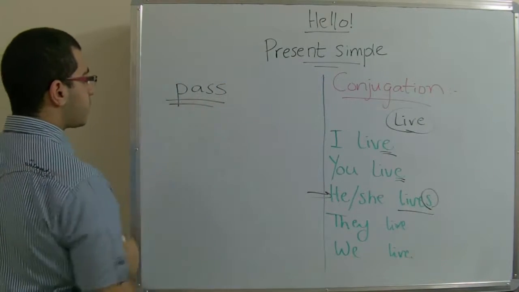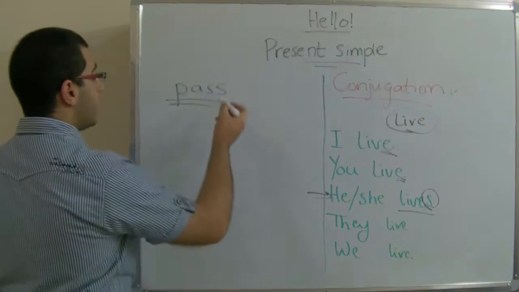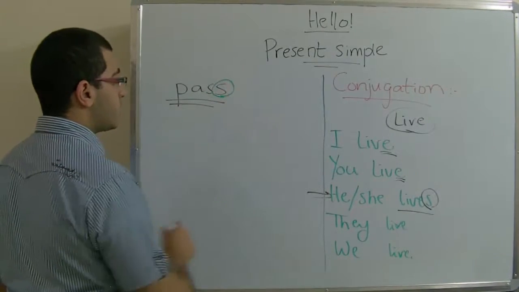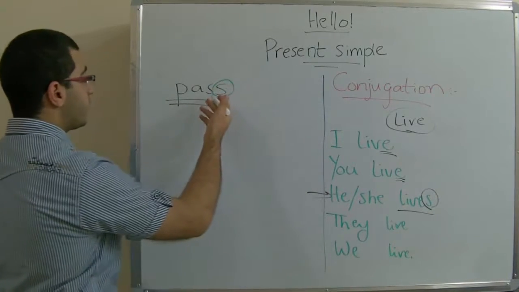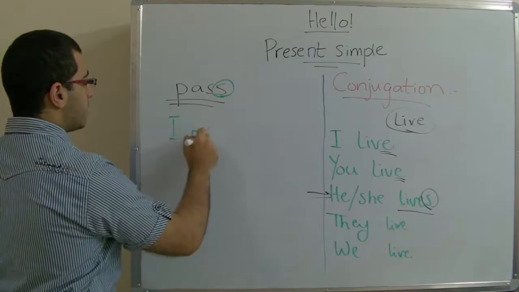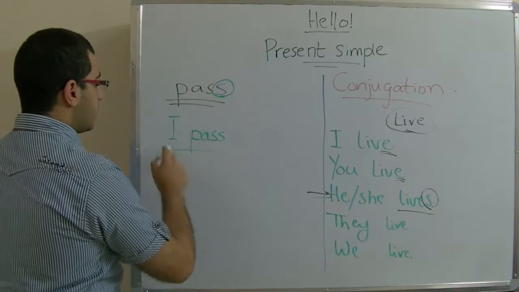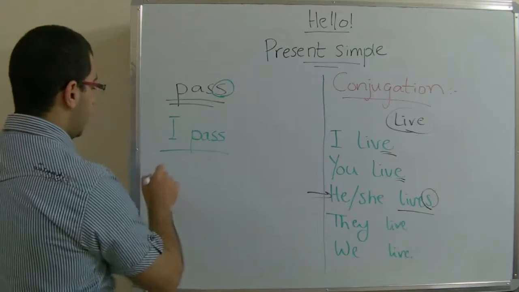Pass. This verb actually ends with an S without any conjugation. So when I conjugate this verb in the present simple, I say I pass. This is for I. What about he or she?